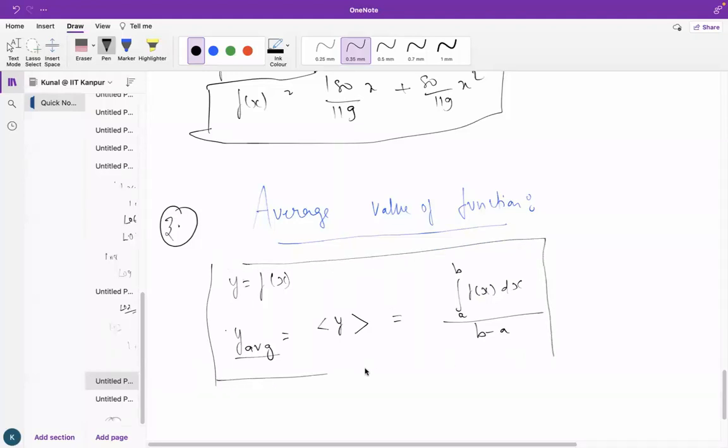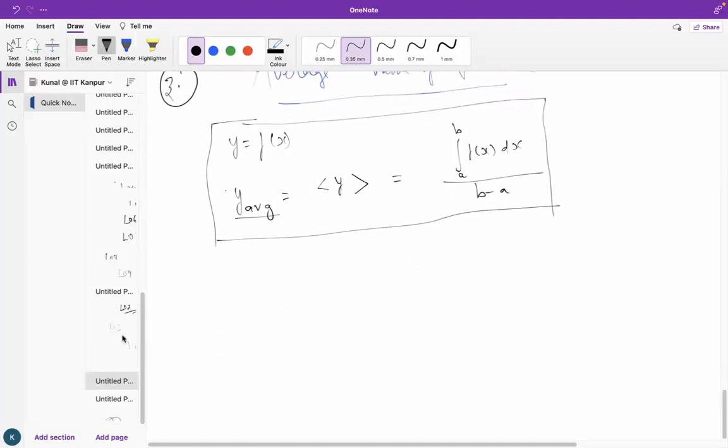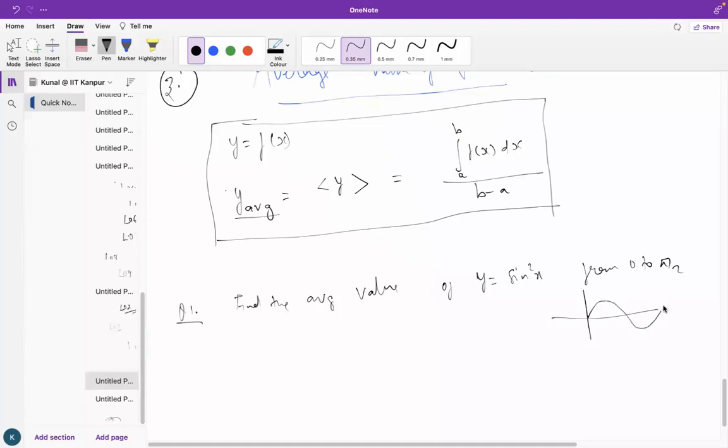Whenever you have to find the average value of any function, you have to apply this formula. Let me take an example. Question: find the average value of y equals sine square x from 0 to pi by 2. Basically, the graph of sin x looks like this.